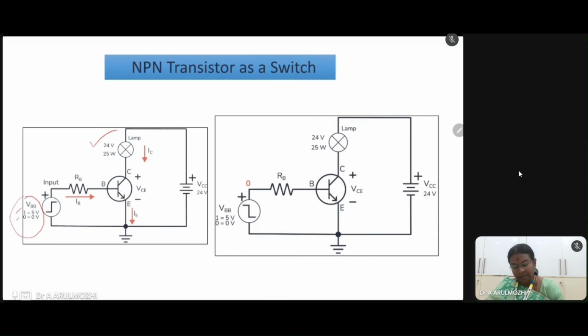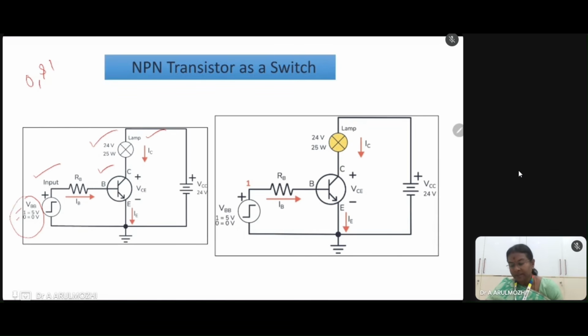In that case, you cannot apply this digital signal 0 and 1 directly, and by using this transistor, which can be NPN or PNP, you can make it a switching device. With the help of this, the input signal can be given and the lamp will glow. So it is a very simple circuit. How are we going to use it as a switch? With the help of a small example, we can understand.